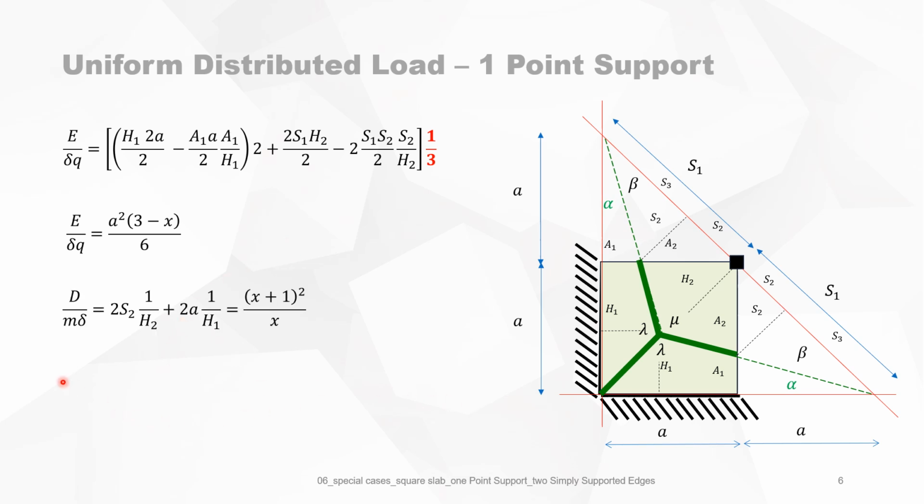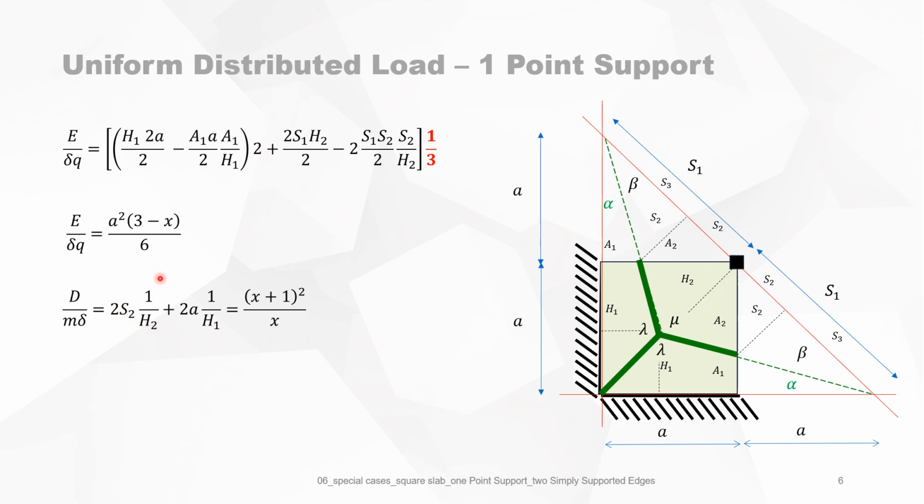Now we can calculate the work done by the internal forces. It's m delta. We start, for instance, with this portion, these plastic bending moments projected on this axis of rotation. So the total length is 2 times S2, multiplied by the angle of rotation, which is delta divided by H2.